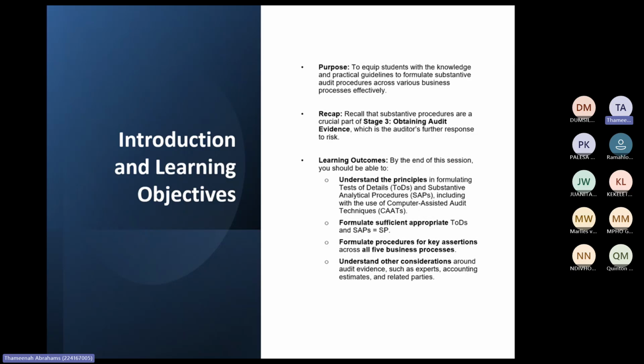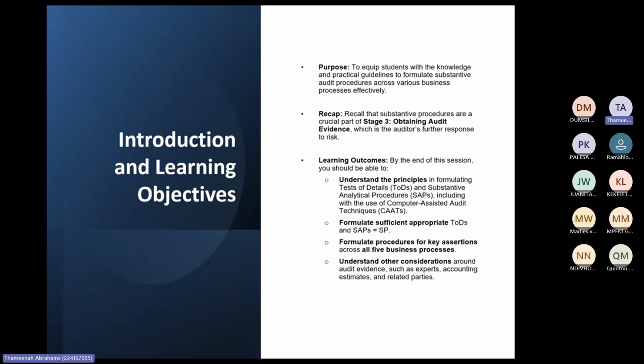In that session I spoke about the different flows or stages within each cycle. For example, in order for revenue to be recorded in the financial statements, a customer first has to place an order, and then the goods must be picked, dispatched and delivered, and so forth.